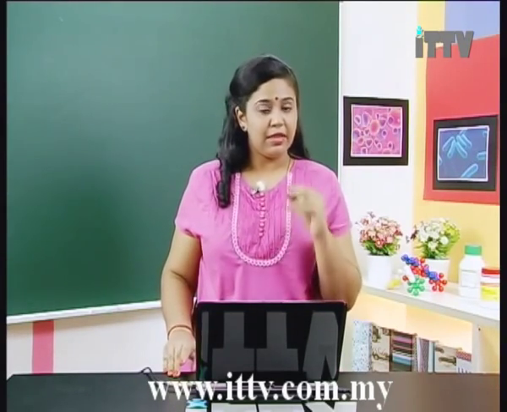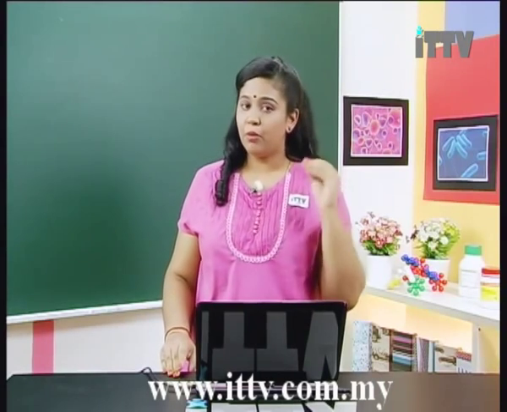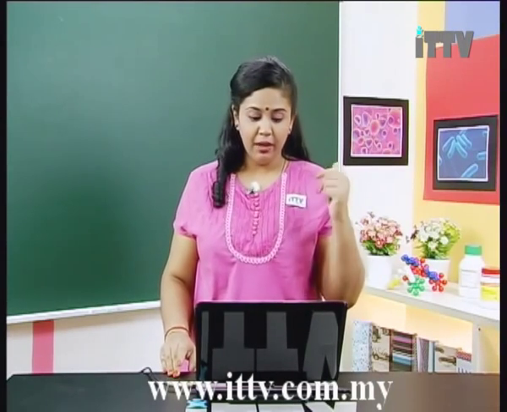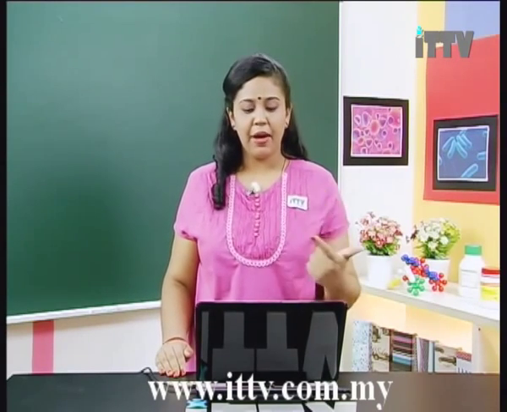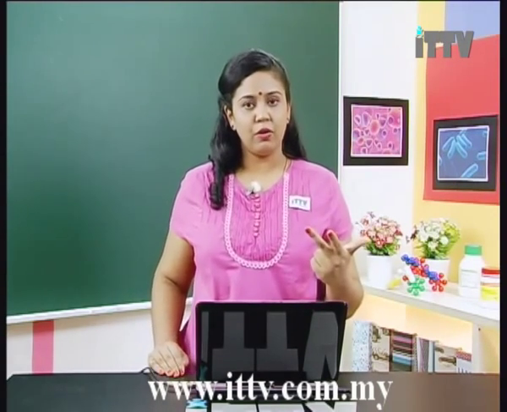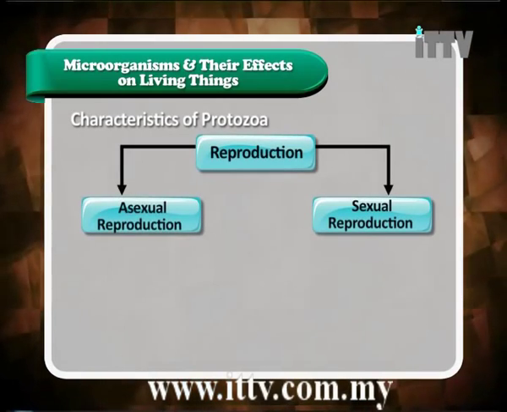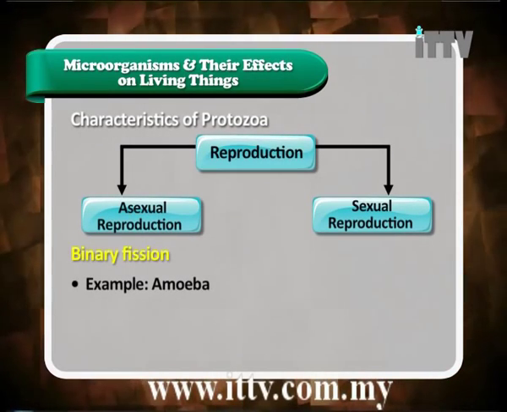So here what we learn is protozoa doesn't have chlorophyll to produce its own food. So what are the terms involved in here? Protozoa actually are saprophism, parasitism or autotrophs.